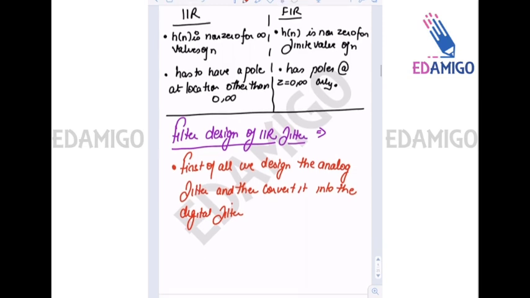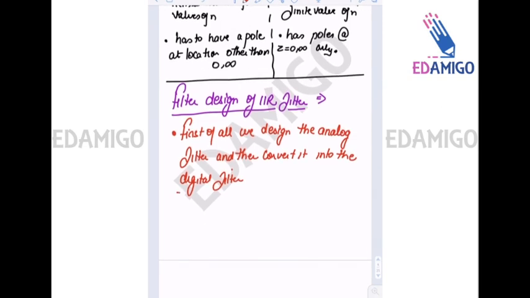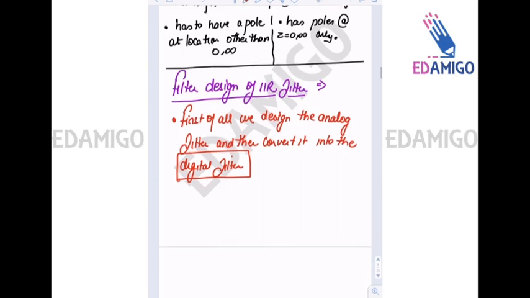So first of all, the digital filter that is to be designed is actually designed in the analog domain, and then the analog domain filter is converted into the digital filter that is required.